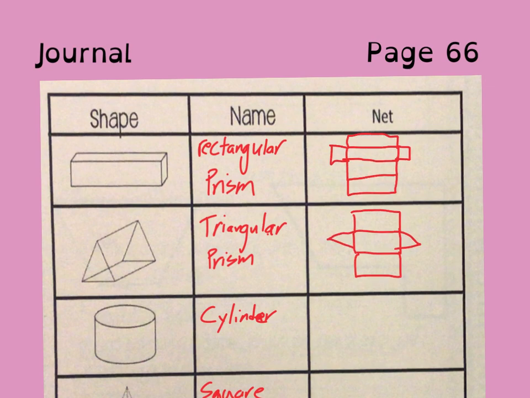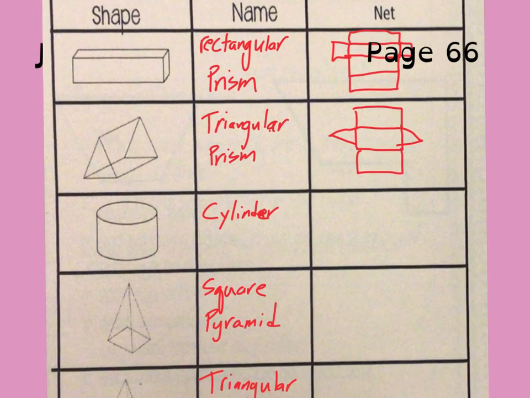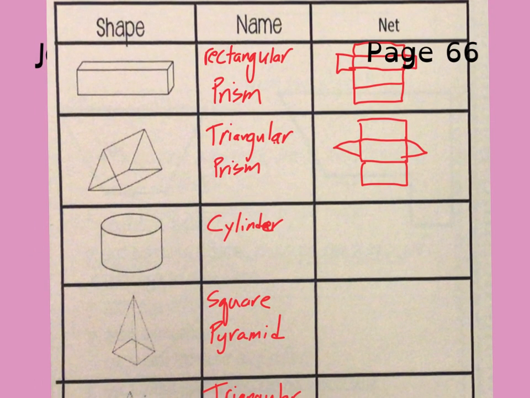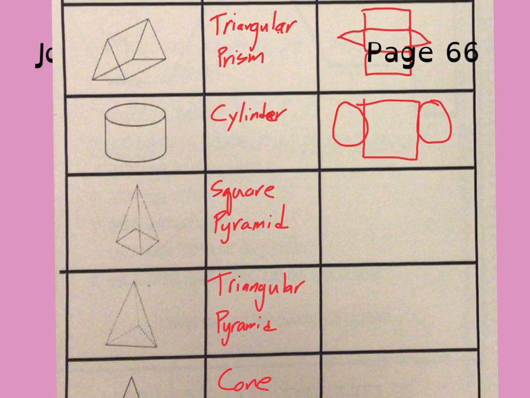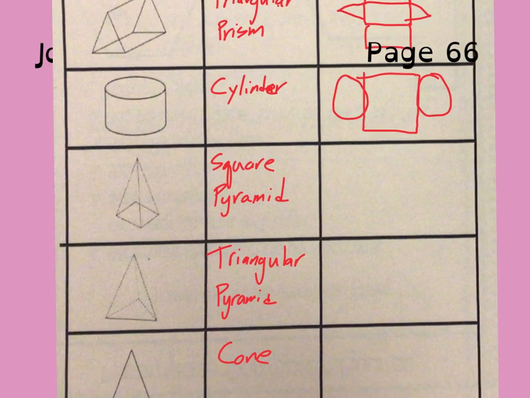A cylinder, that one's kind of a weird one, but it has 2 circles and it has a rectangle that kind of is in between them. So it looks something like this. Kind of weird looking. This right here, the square pyramid, you would have a square, and then off of every edge, you would have a triangle.